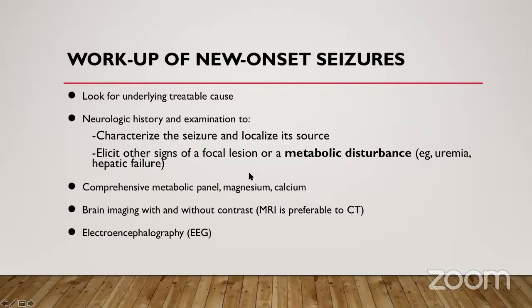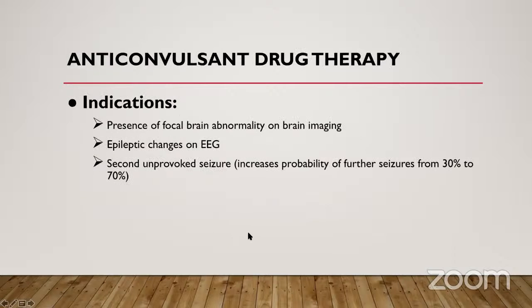Other causes are metabolic disturbances like uremia and hepatic failure, so we do a CMP, or comprehensive metabolic panel, and check magnesium and calcium as well. To find secondary causes like trauma, we usually do MRI or CT scans, and we prefer MRI over CT. We also do an EEG to see the electrical brain activity.